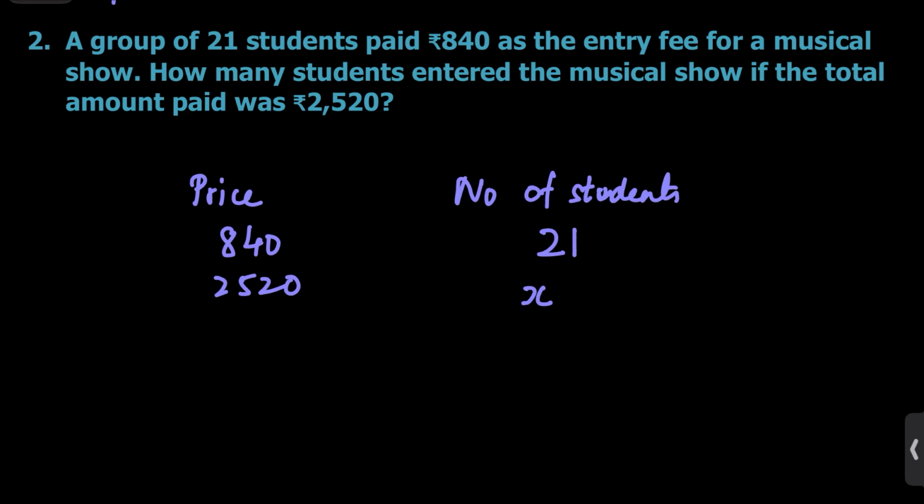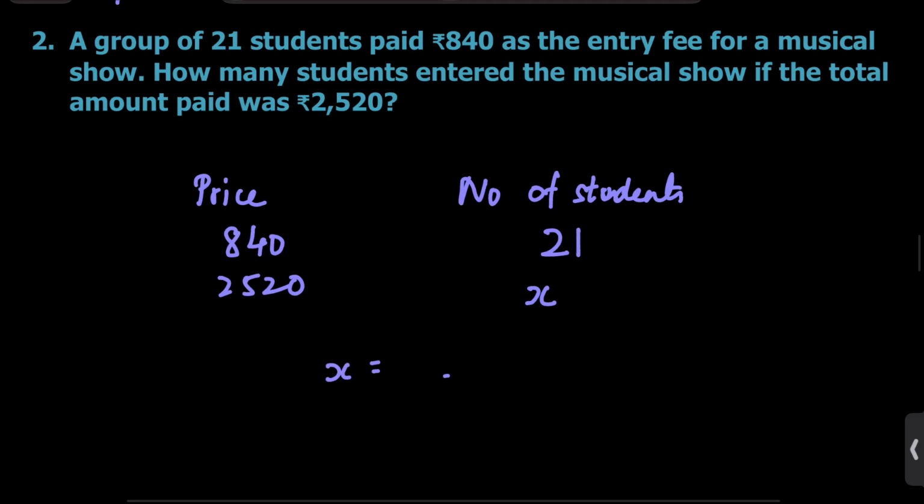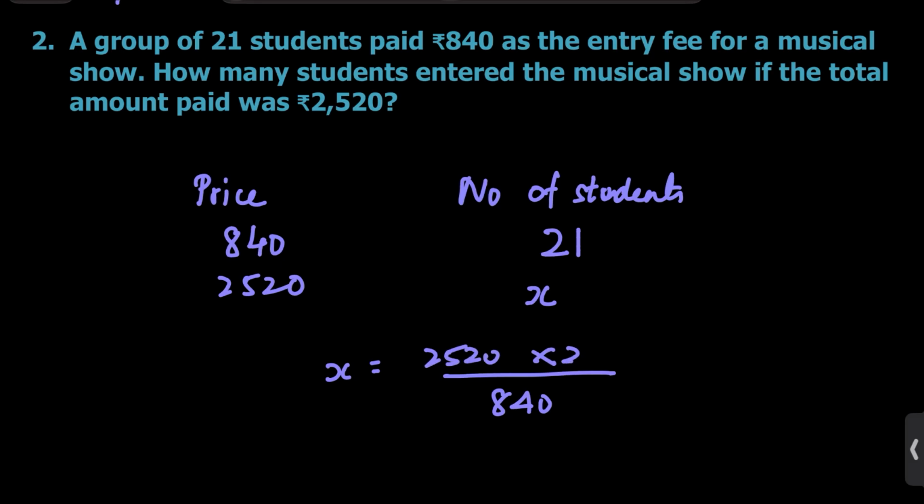So when it is direct proportion, what happens? Whatever is diagonally with x will go in the denominator. So 840 will go in the denominator, and 2520 into 21 will come in the numerator. Now we start cancellation. I know that 21 fours is 84. 21 ones are 21 fours, and the 0 will go away.